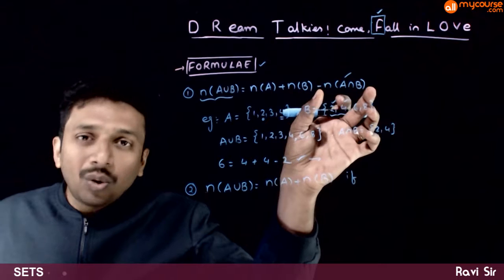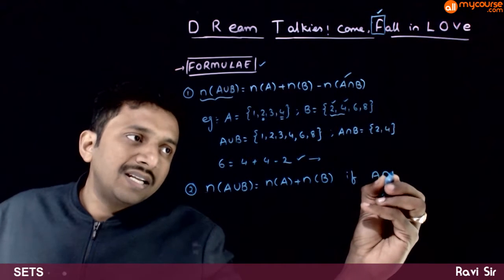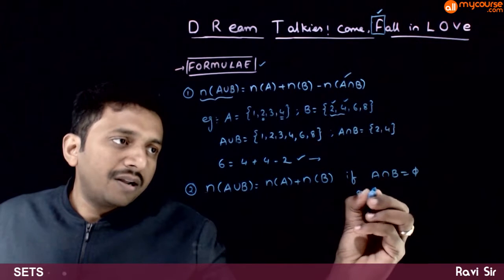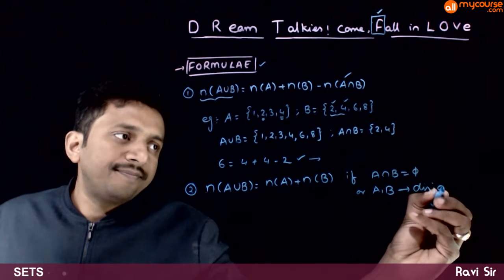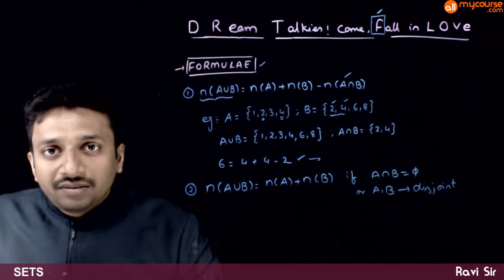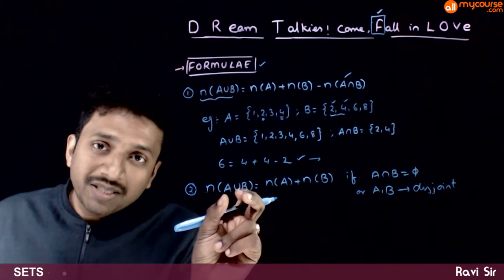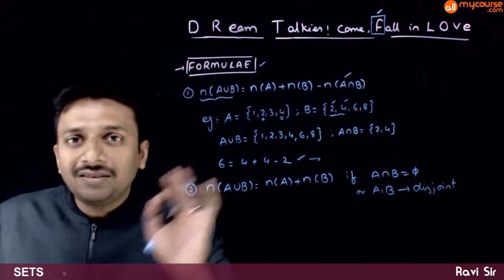It means there is no element in the intersection. If A intersection B is equal to the empty set, or A, B are disjoint. So in the problems, when A and B are disjoint sets, you can directly say that n of A union B is n of A plus n of B.